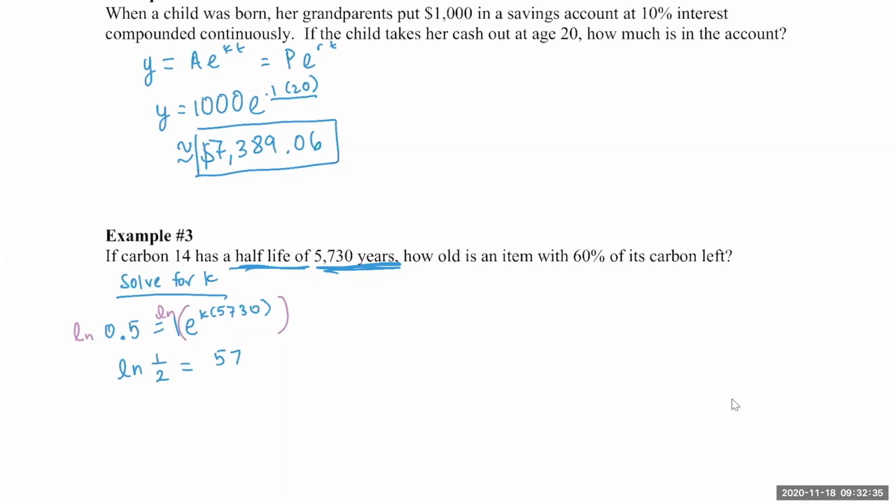And so when you do that, the ln and e undo each other. So you have 5,730 times k. And so each time you do this, you should have ln of 1/2 divided by time as your constant.